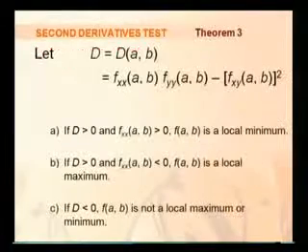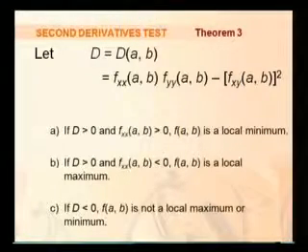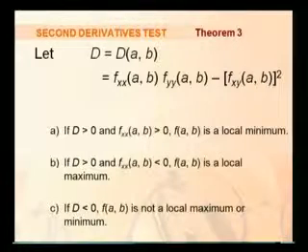Okay, then we take D equal to D at (a, b), which is fxx into fyy minus (fxy) squared, all at the point (a, b). If D is greater than 0 and the second partial derivative of f with respect to x is greater than 0, then f has a local minimum at the point (a, b).